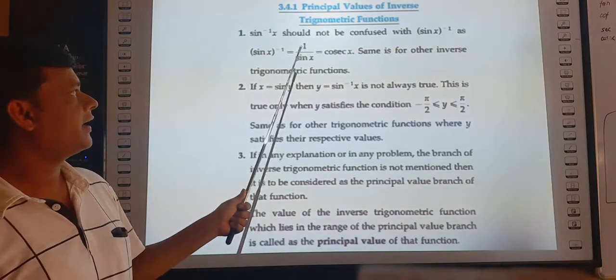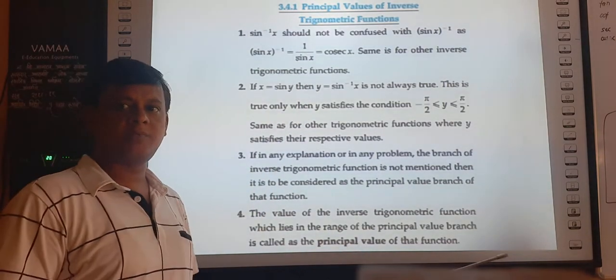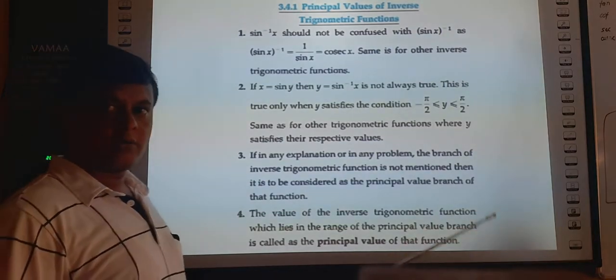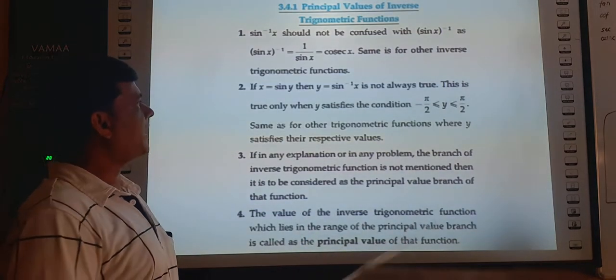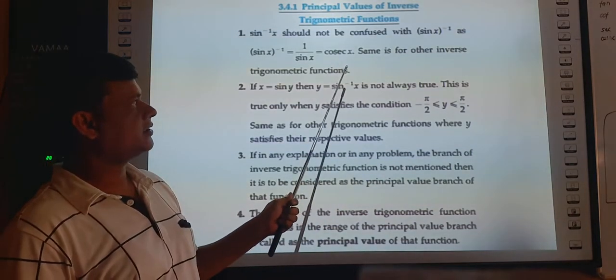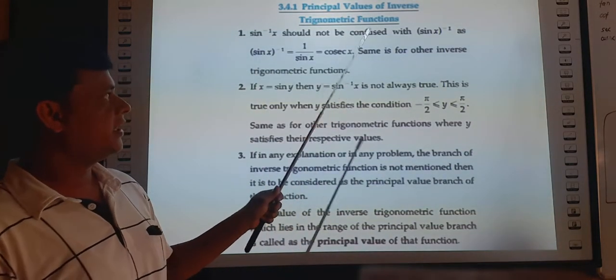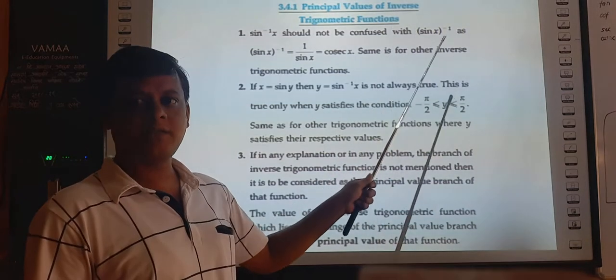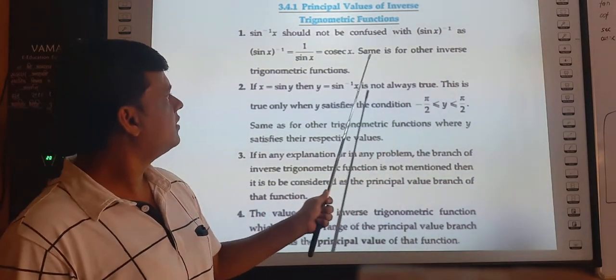When we write in reciprocal form, the power converts from minus to plus, and 1 upon sin x we write as cosec x. Therefore, sin inverse x is not the same as sin x raised to the power minus 1.